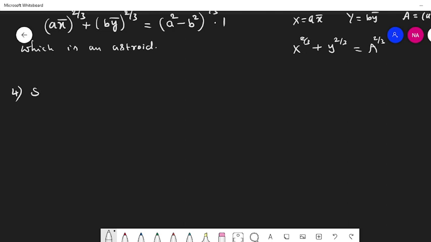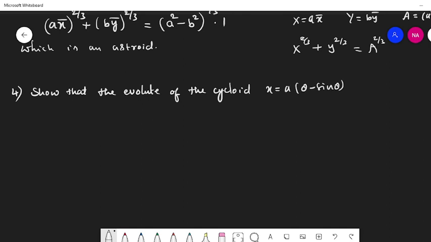Finally, show that the evolute of the cycloid x equal to a times (theta minus sin theta) and y equal to a times (1 minus cos theta) is another cycloid.